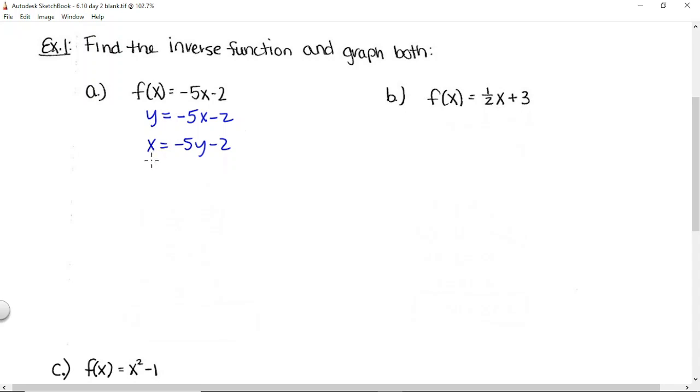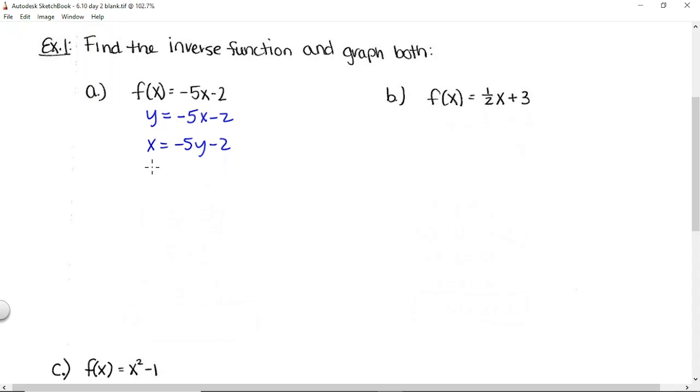We could put in 0 for x and solve for y. For any number we want to put in for x, we could solve for y, and that would be our output. But to say that we've really found the inverse, we want to actually have y by itself on one side of the equal sign so that we can plug in for x and calculate y without having to solve for y each time. So that's what we're going to do.